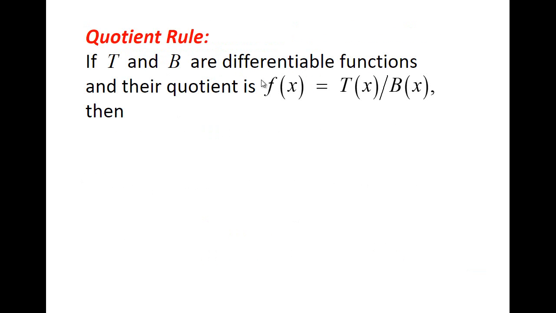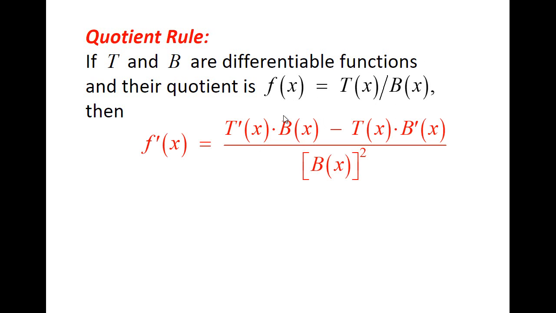If t and b are differentiable functions and their quotient is f of x, so f of x is t divided by b, then the derivative of this quotient would be equal to this fraction where the denominator is the square of the bottom function b, and in the numerator we have the derivative of the top multiplied by the bottom minus the top multiplied by the derivative of the bottom.